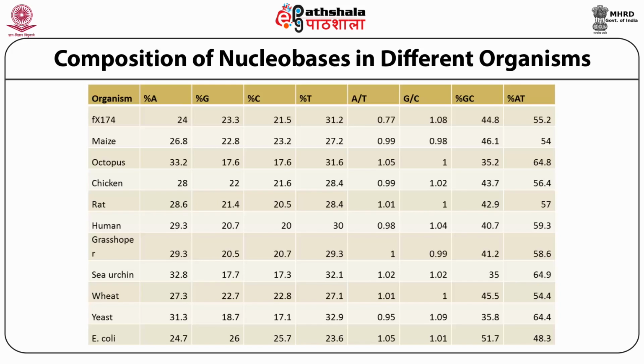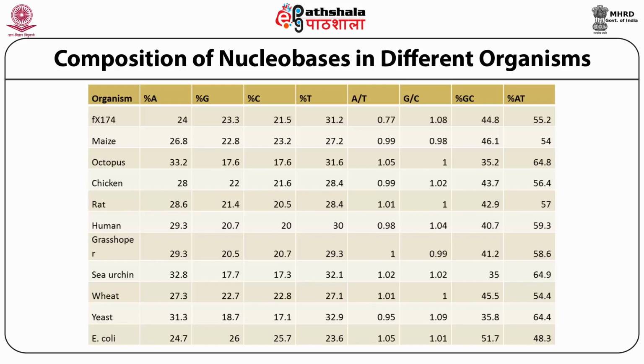Percent of C is 23.2%, which is very close to the percent of G. And similarly, percent of T, which is 27.2% and very close to percent of A. Thus, the rule seems to be valid.